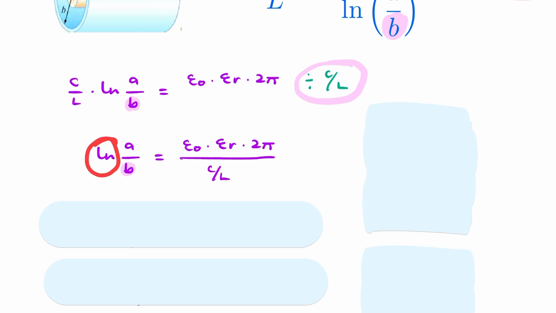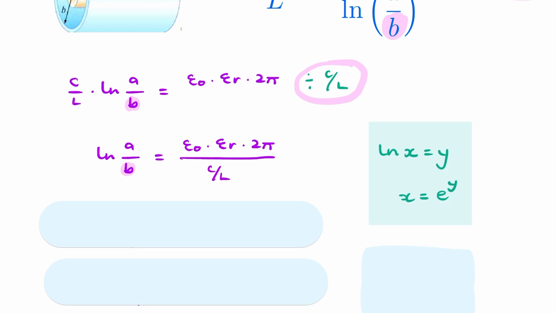So how do you get rid of a log? We use something called an inverse log or an anti-log. The anti-log is basically whatever base you have to the power of this argument. So a natural log is a log to the base e.